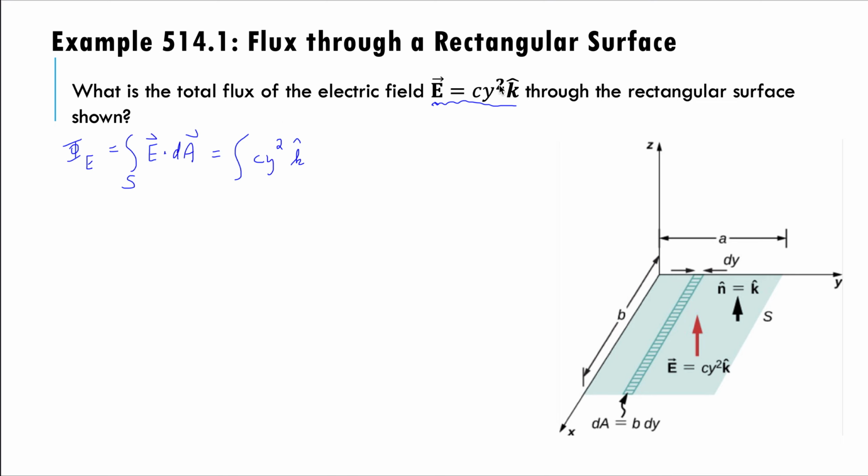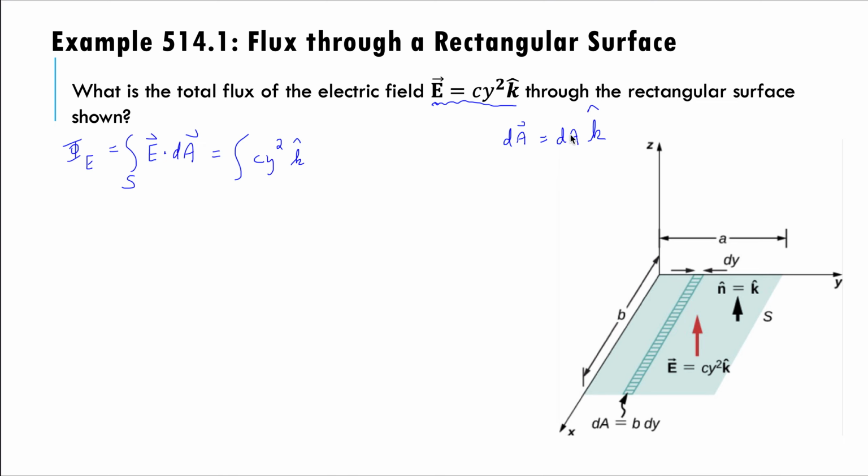If you remember, dA is a vector of magnitude dA, but the direction is perpendicular to the surface, in the direction of the unit vector, the normal vector. In this case, perpendicular to this horizontal surface, the n unit vector is in the k direction, or the z direction.